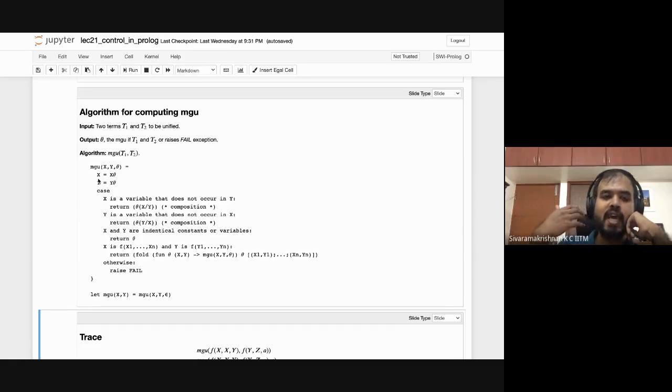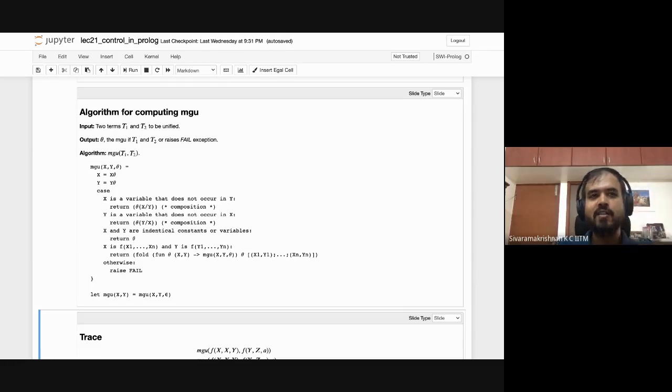X is just a term, right? I think I should have used T1 T2 here. This is just some term, and the term could itself be a variable or an atom or a compound term. Does that make sense?